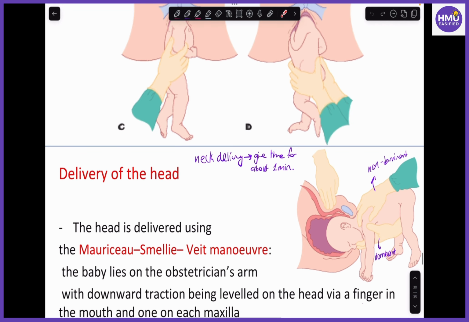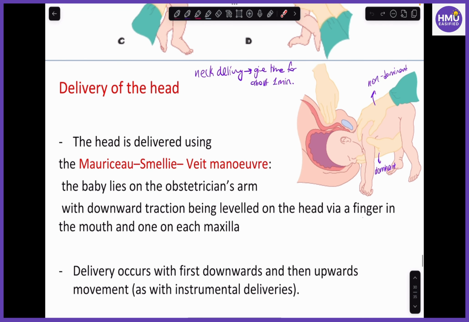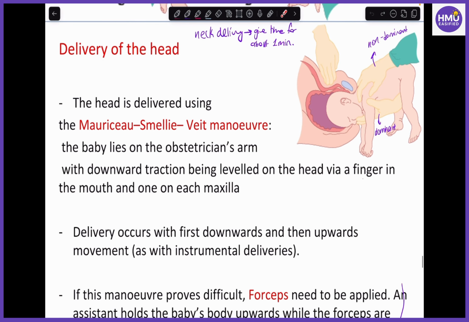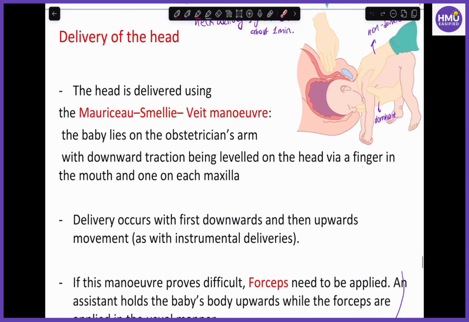Now we have the delivery of the neck. We will give time for delivery of the neck, about 1 minute. Then we have delivery of the head. The head is delivered using the Mauriceau Smellie-Veit maneuver. We put the middle finger of our dominant hand in the mouth of the fetus, and both the index and ring fingers on each maxilla of the fetus, with downward traction, flexing the head, with the dominant hand.